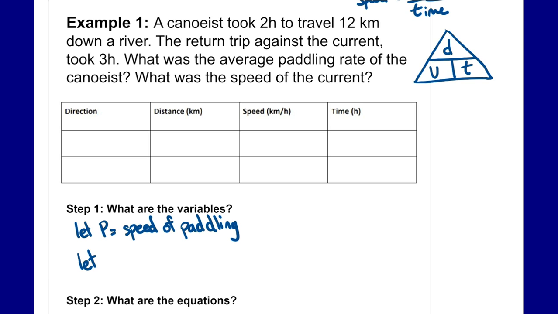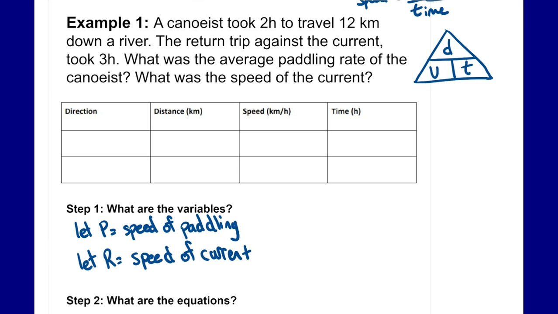And then let r equal the speed of the river, or the current. Once we come up with the two variables, we can now try to come up with the equations.